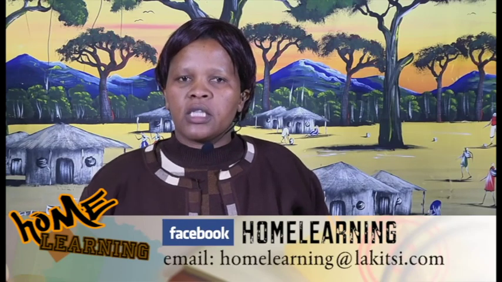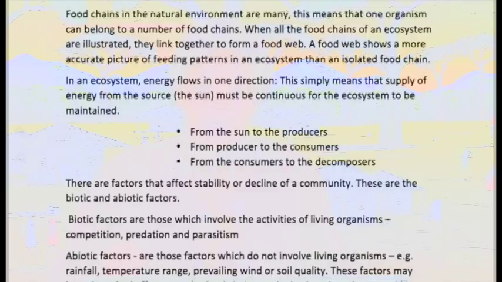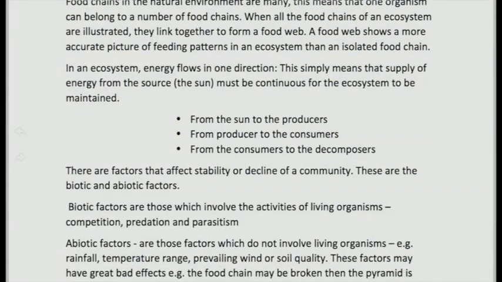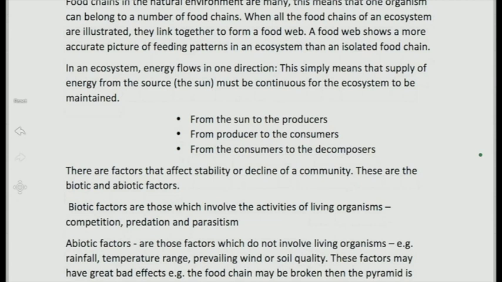We're back again. Now let us look in details at the link in these food chains we are talking about. Food chains in natural environment are many. What does this mean? This simply means that it is complicated for us to talk of food chains and be more clear.